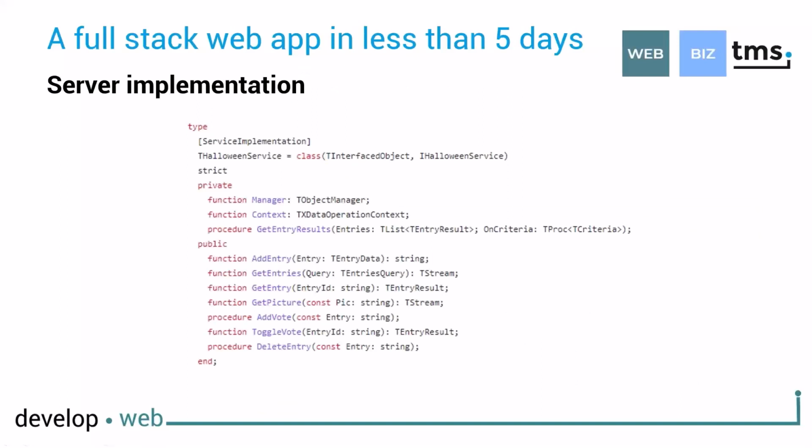The XData server, as you have seen in the Swagger UI, exposes a number of endpoints, and these endpoints actually correspond to our service that is central in the XData server. And so this is the definition of this service. You can see public functions: add entry, get entries, get entry, get picture, add vote, toggle vote, delete entry.